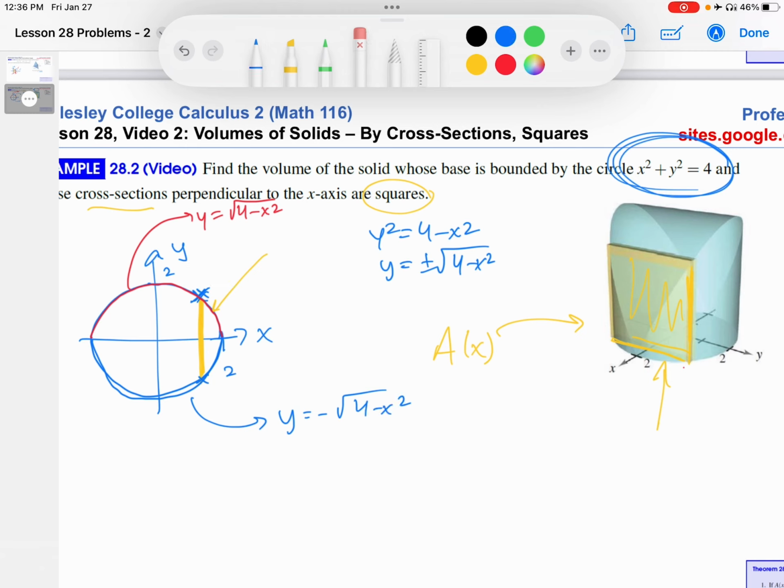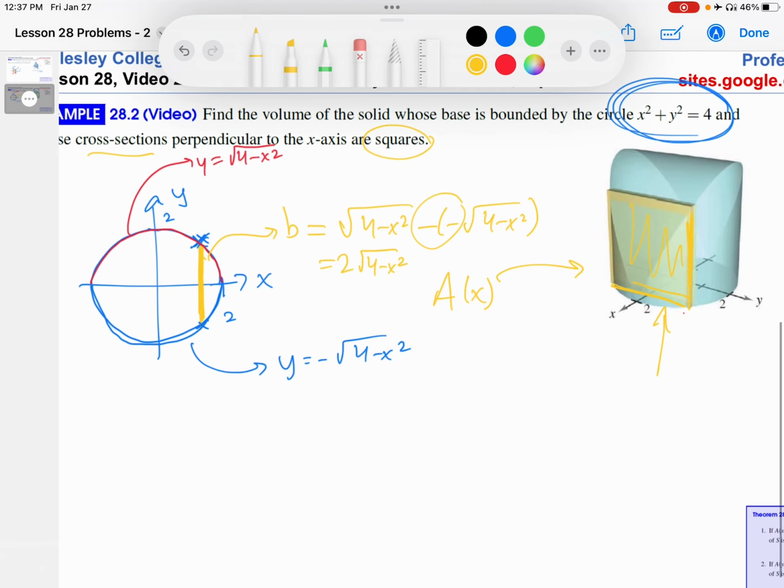So therefore, to find the base length, the length of this yellow line segment over here, we are going to subtract those two. Let's call that b for base length. So that's going to be root of 4 minus x squared minus negative root of 4 minus x squared, which, a minus times a minus makes it a plus, and we have 2 of the same thing. So there we go. That's our base length.